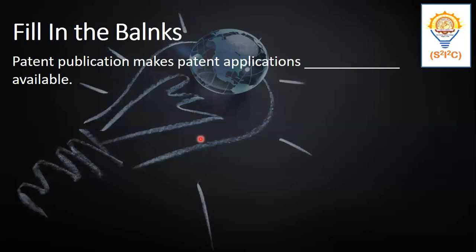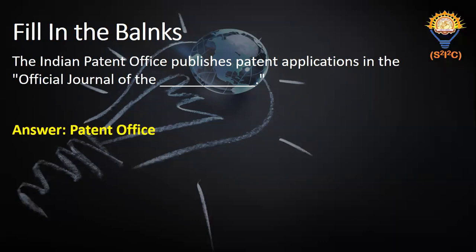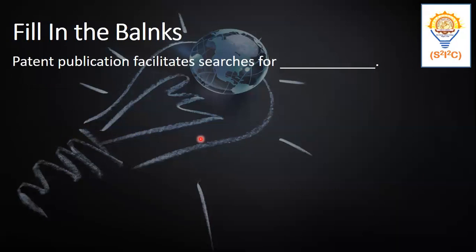Patent publication makes patent applications publicly available. Then, the Indian Patent Office publishes the patent applications in the official journal of the Patent Office. Remember this. Patent publication facilitates searches for prior art.